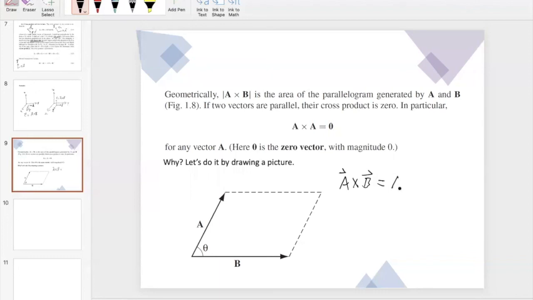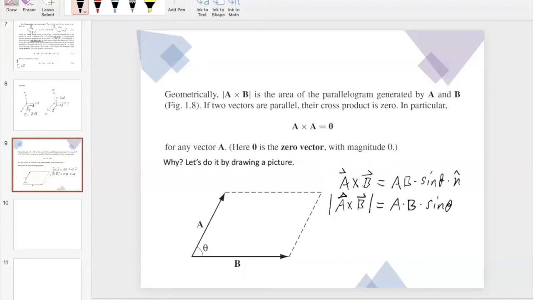It equals AB sine theta times unit vector n. Now, if you want the magnitude, let's ignore the direction and only consider the magnitude of A cross B. So the magnitude of A cross B is AB sine theta.